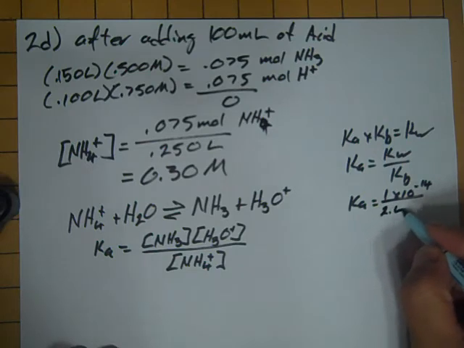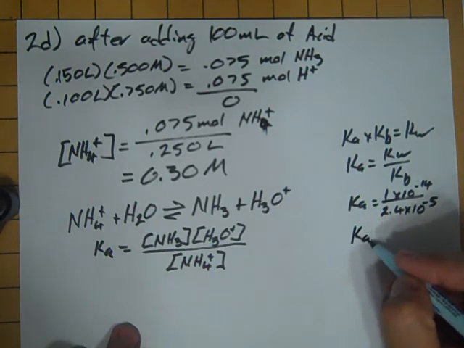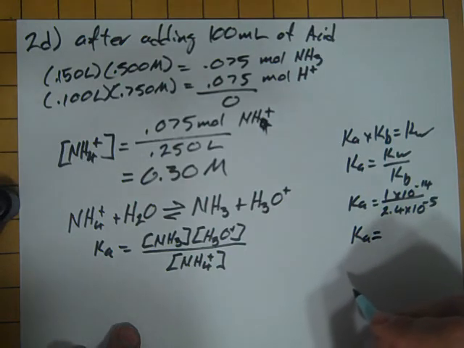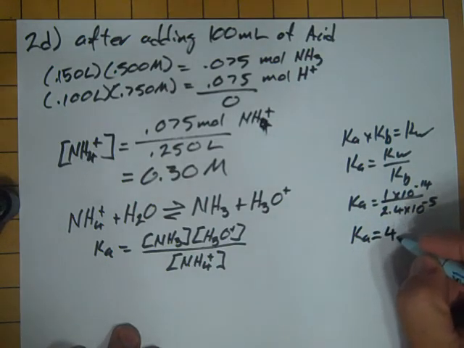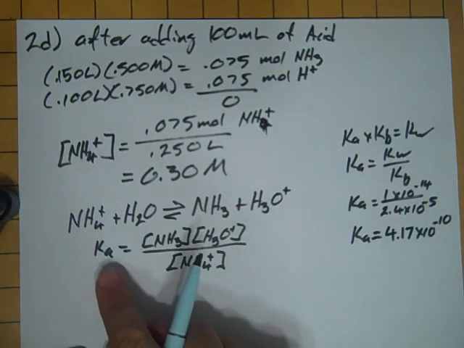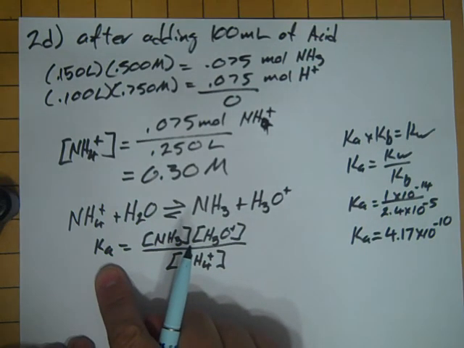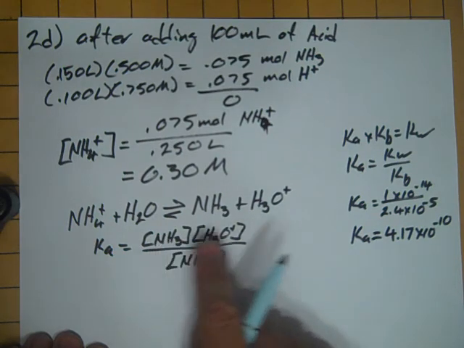Kb was 2.4 times 10 to the minus 5. So Ka, the reverse of my base dissociation, happens to equal 4.17 times 10 to the minus 10. So I have a number for this, and I have a number for this, and both of these are X.